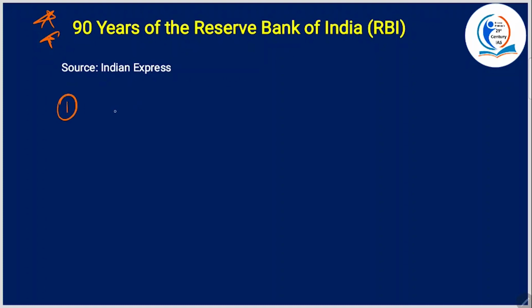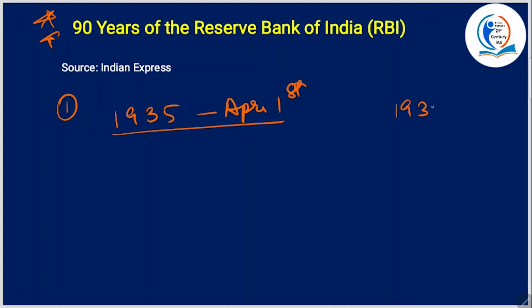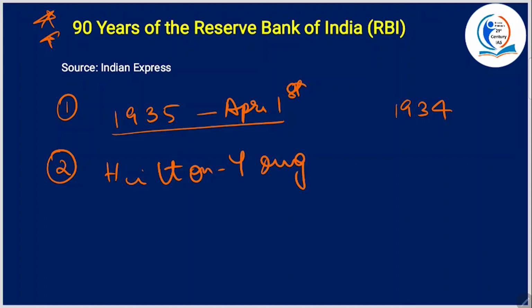RBI was established in the year 1935 on April 1st under the Reserve Bank of India Act of 1934. And second point, Hilton Young Commission was the Royal Commission on Indian Currency and Finance set up by the British government in the 1920s, and the same committee in 1926 recommended the government to create a central bank.